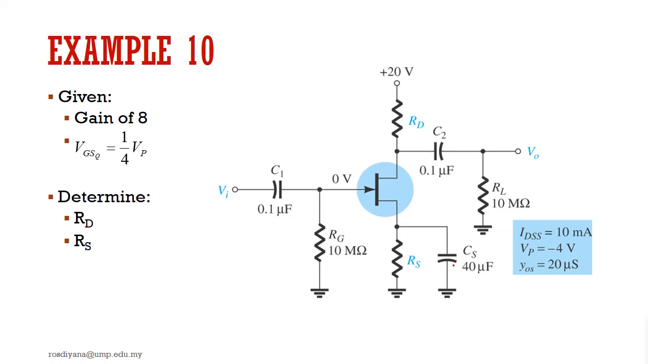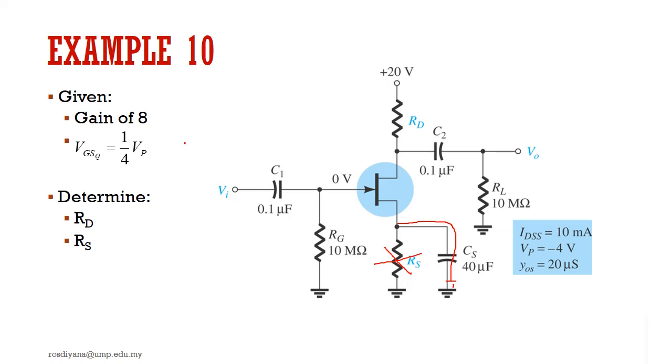Do you remember to draw the AC circuit for this circuit? Remember that this capacitor should be shorted here, because when it is shorted, it bypasses the RS, and we will eliminate the RS.